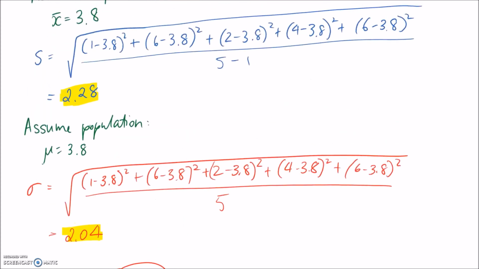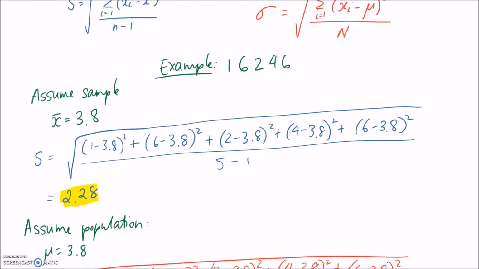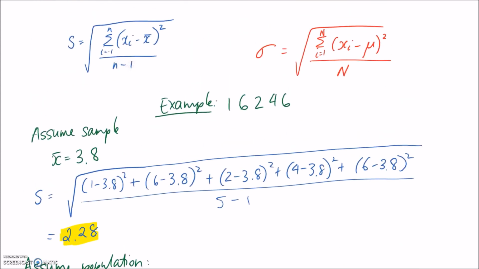As a result, when you estimate the standard deviation from a sample, you're going to estimate a bigger value than when you're looking at the population, which should give you a smaller value. That's why there's this -1 on the sample version, because you're dividing by a slightly smaller number. That means you should end up with a bigger value for the standard deviation.